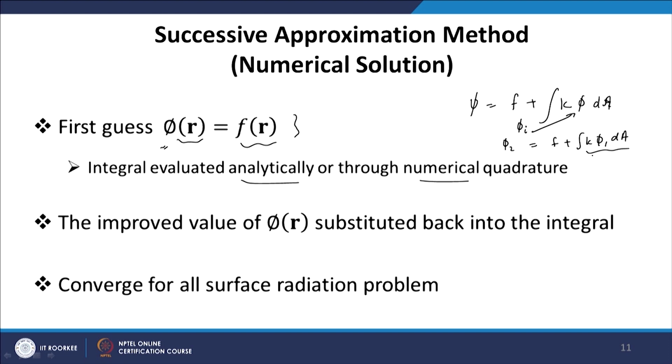Once this is solved, we get a new value phi 2, and then we substitute it back. So, we get phi 3 equal to f plus K phi 2 dA, and we keep doing this until we get the desired result. This method is also quite involved if we try to solve the integral using analytical methods, but it can be an easy method if we use numerical quadrature to solve the integrals.